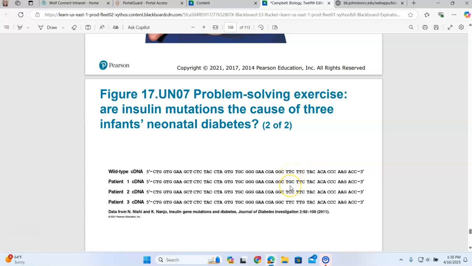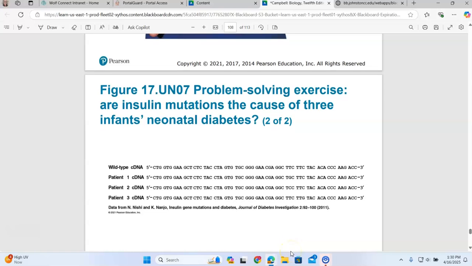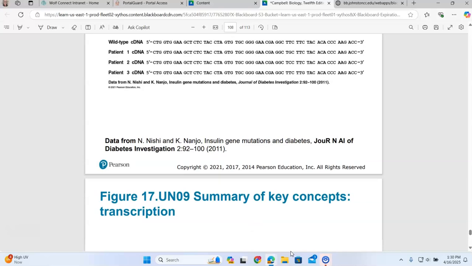In patient 1, it's TGC. In patient 2, it's TCC. And patient 3 is just like the original, and wild type means normal. So patient 3 would not have diabetes, but patients 1 and 2 could get diabetes because of just that one change in the DNA code.